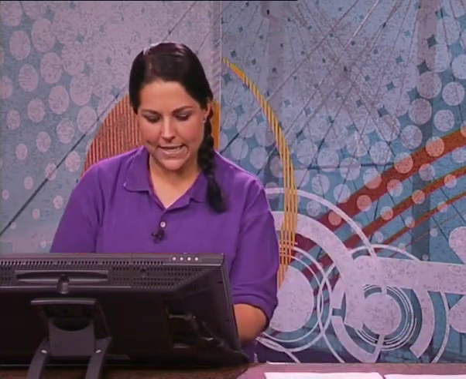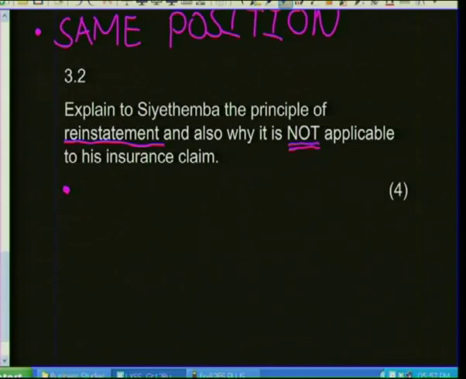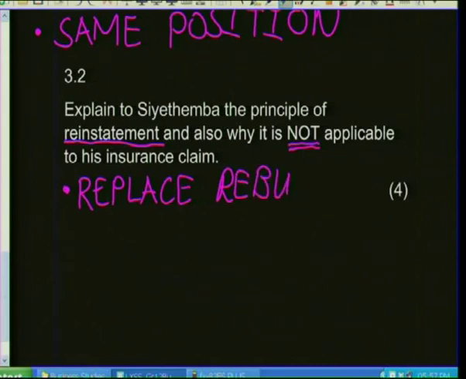I need to write here, reinstatement says that the insurance company has the right to replace or to rebuild my lost or damaged property. Now, they also say to me, why is this not applicable in his claim?